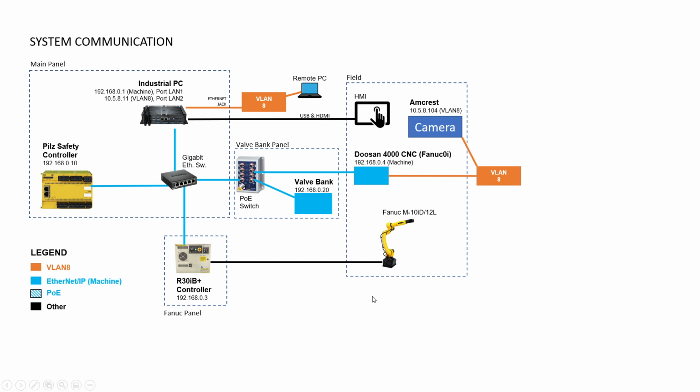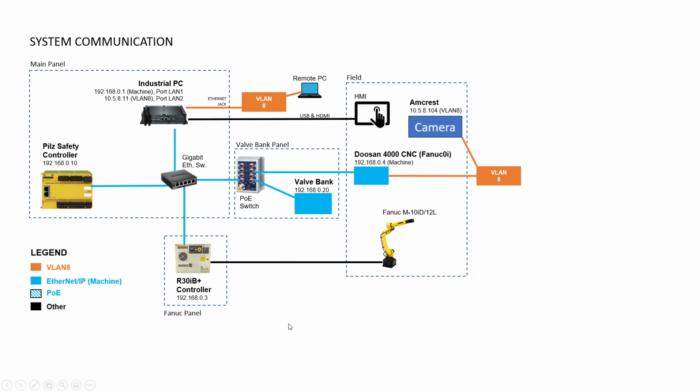So, this diagram depicts the overall system communication. You can see there's some dashed boxes that separate the different areas of the cage, if you will, into kind of electrical panels. So these panel designations are actually seen inside of our electrical design schematics as well.